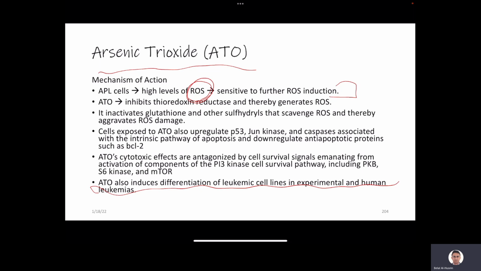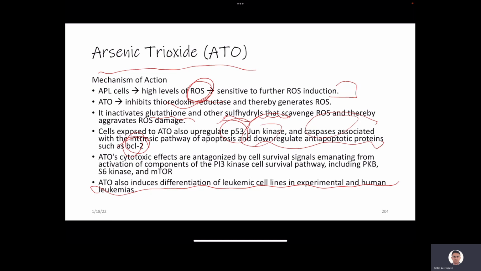There are other mechanisms, for example, it upregulates tumor suppressor mechanisms like Jun kinase, caspases, apoptotic enzymes, and P53, and also downregulates anti-apoptotic proteins like BCL2, or inactivates some of the free radical scavenging moieties like thioredoxin or glutathione or other sulfhydryl scavenging proteins.